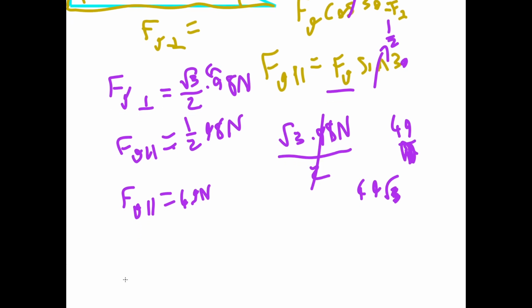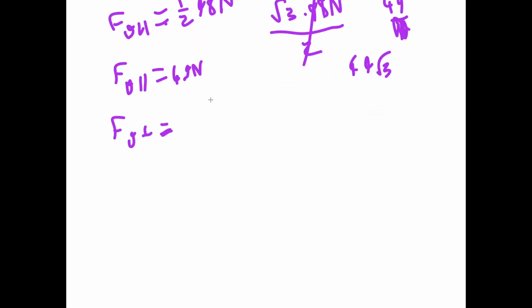So the force of gravity perpendicular is equal to 49 root 3 newtons, right? Okay, so now we have these.